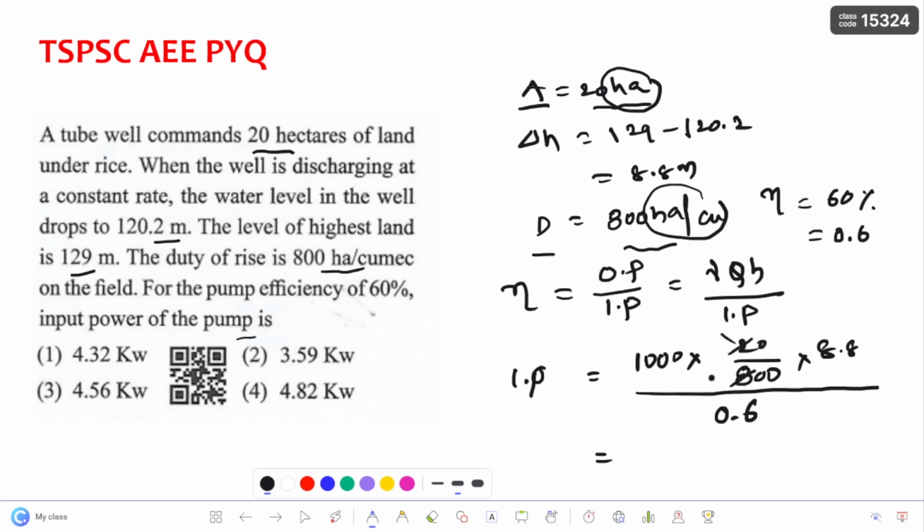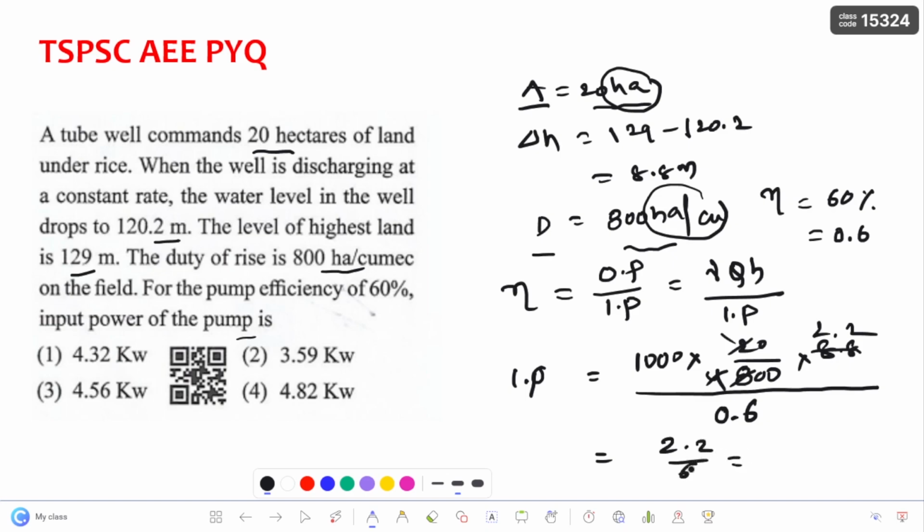You can see 2.2. If you see here, 6 will go up, 2.2 into 6, 60. Roughly it is 2.2 by 6.